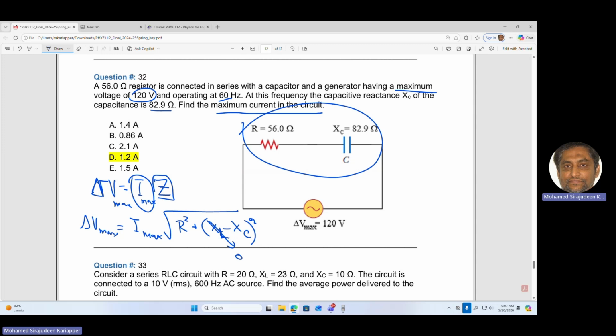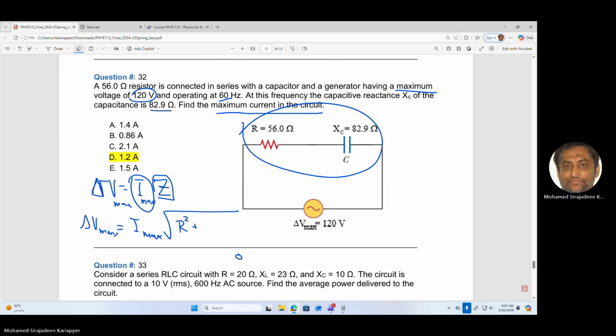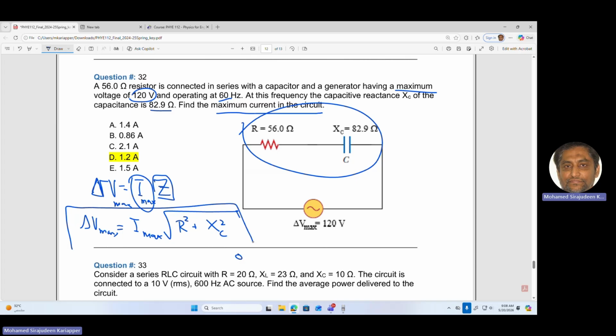So we have only XC. So that will make this look like this equation. We know everything except I max. So you take your calculator and solve it.